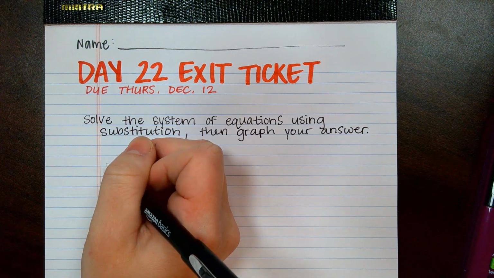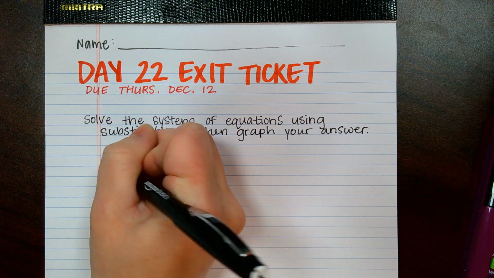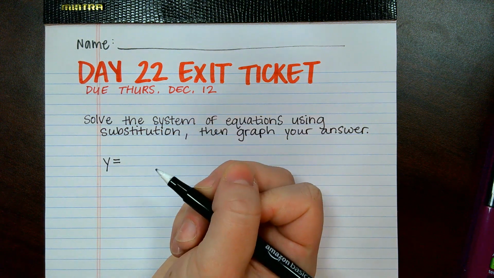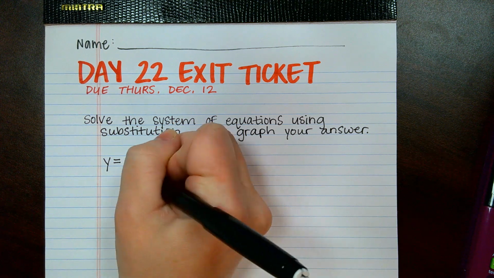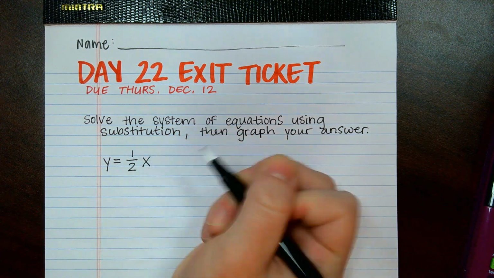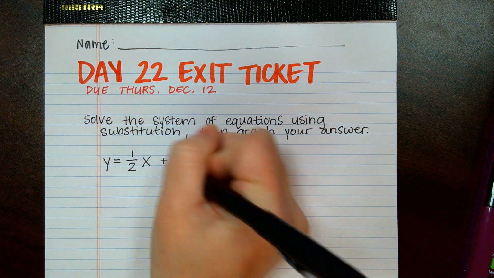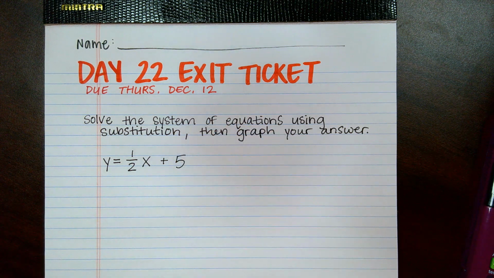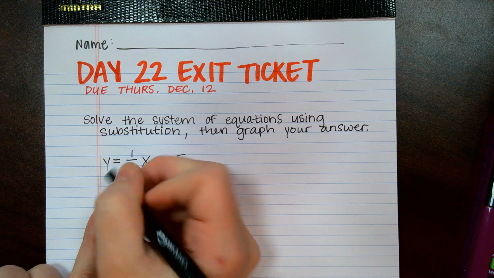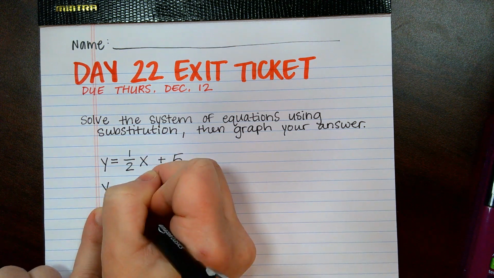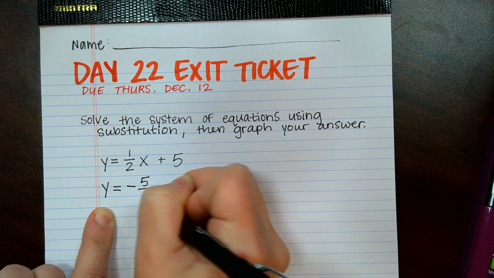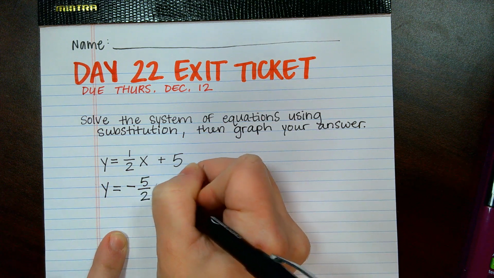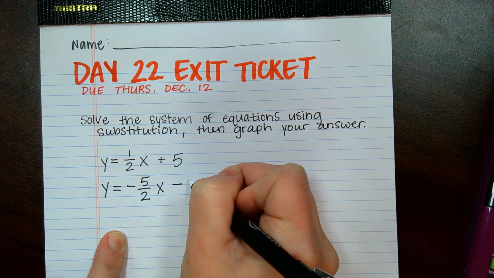As you can tell, I love elimination too. So y equals half x plus 5 and y equals negative 5 over 2x minus 1.